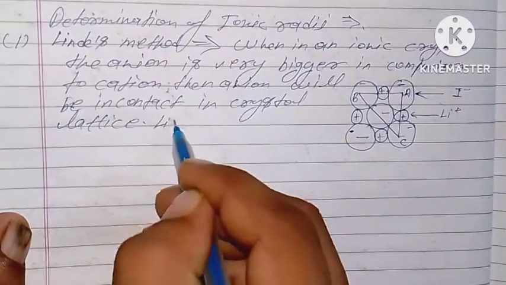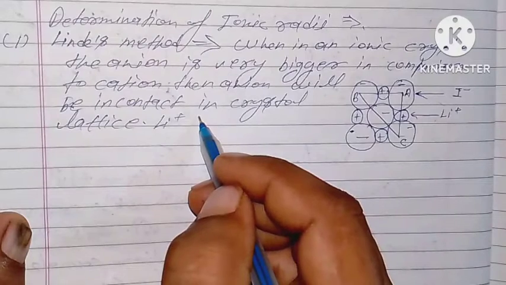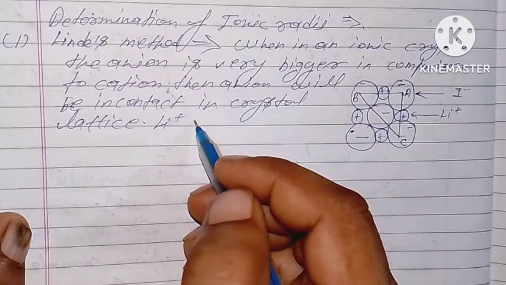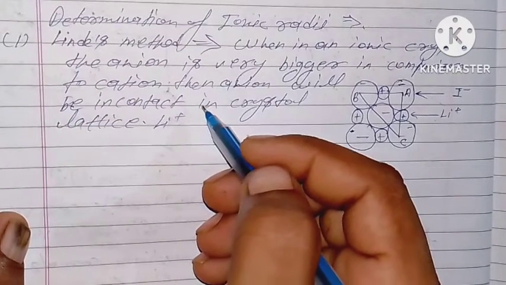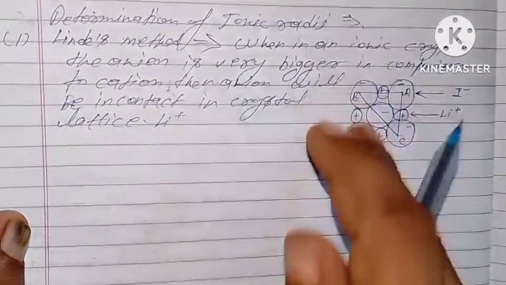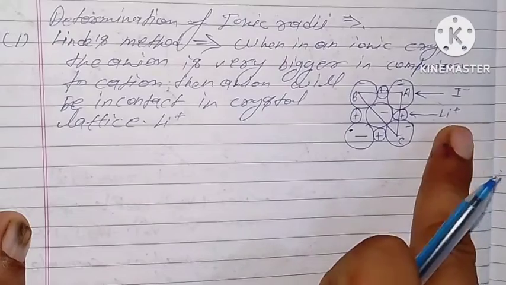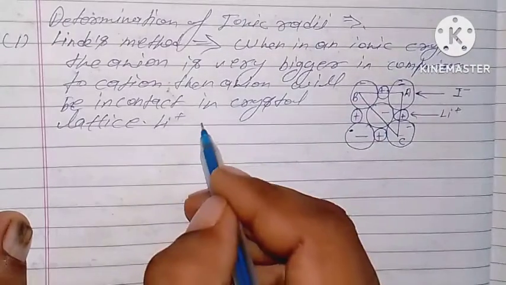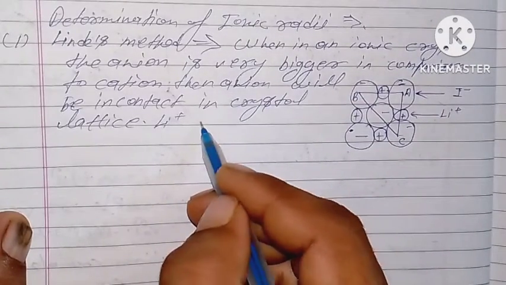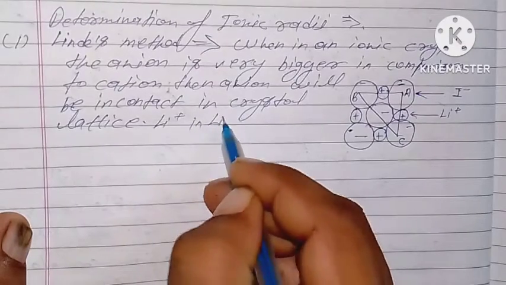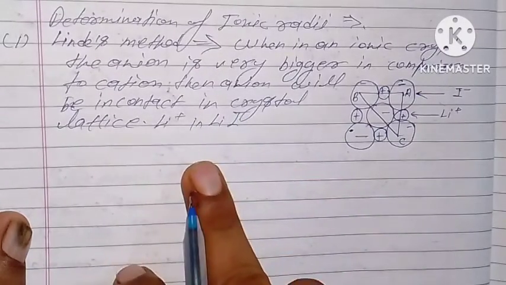Lithium plus ion and iodine minus ion, lithium iodide, LiI, is shown in the figure.